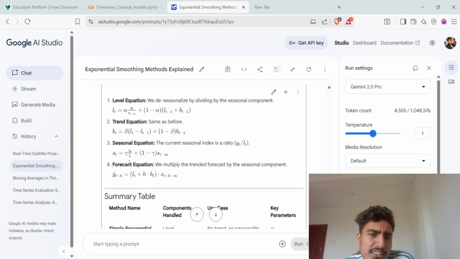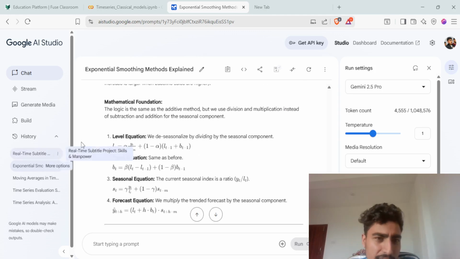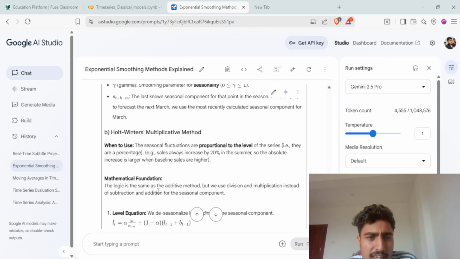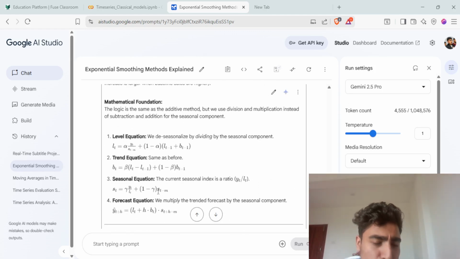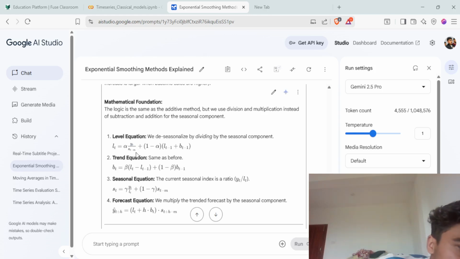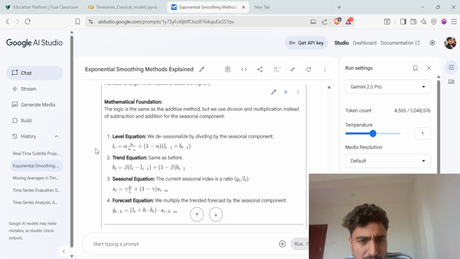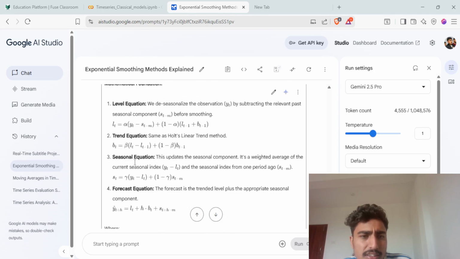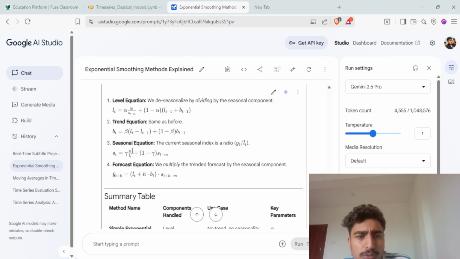The mathematical foundation is the same, but in the level equation, where we subtracted before, we will now divide the observed value by the seasonal values, and the rest is the same. The trend remains the same, and in the seasonal equation, instead of subtracting, we are dividing the observed value by the level.